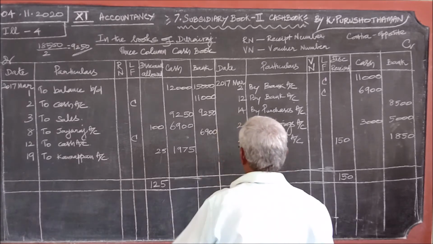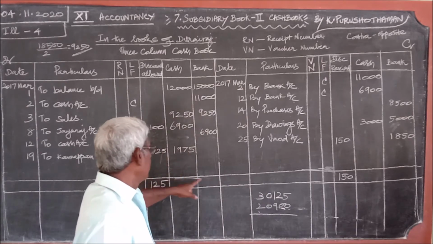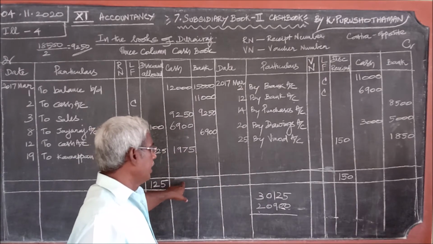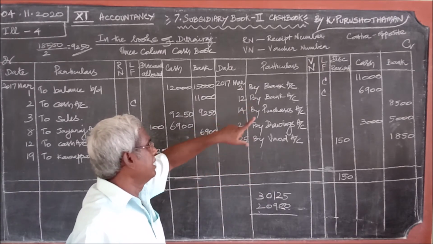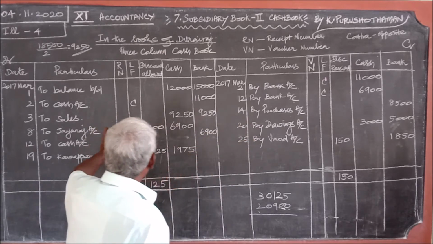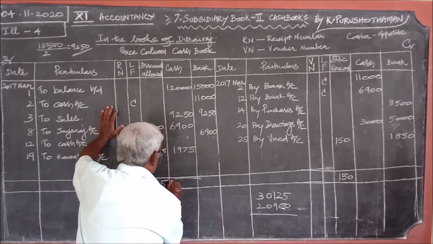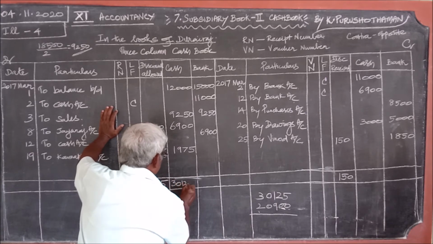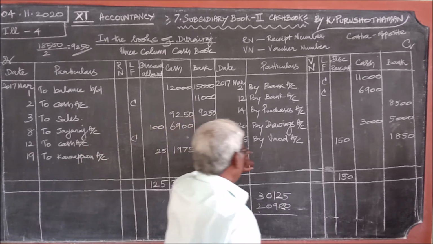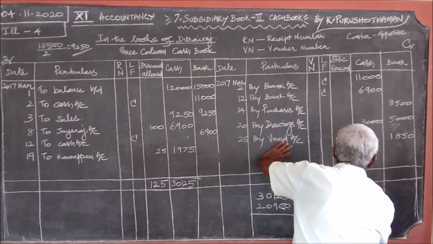Now 30,125 is the debit side total, 20,900 is the credit side total. The greater total is 30,125, you write. Here also 30,125.